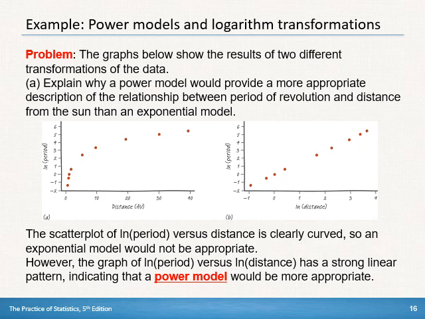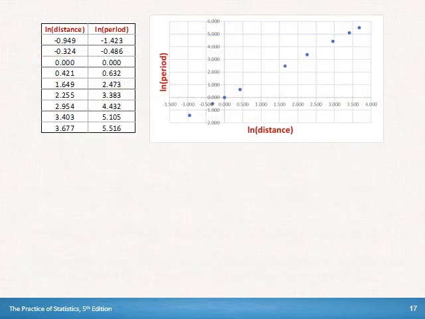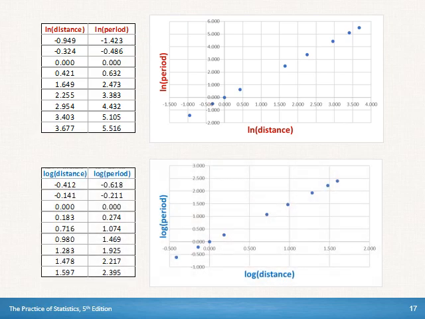So now you might say, well, what's the difference whether we take the natural log, ln, or whether we take log base 10? And so I created this next slide with the same data. So here you can see I plotted natural log of distance against natural log of period. This is that same plot, except I've changed the scale a little bit from what they had. And then these are log base 10 of distance and log base 10 of the period.